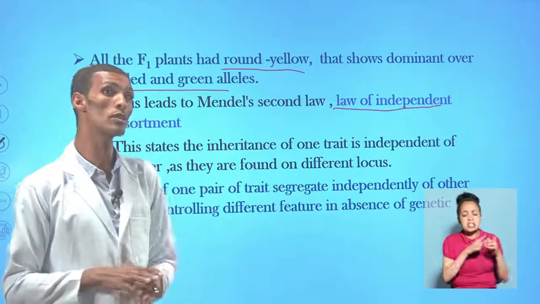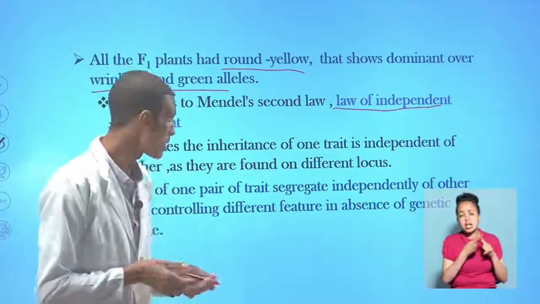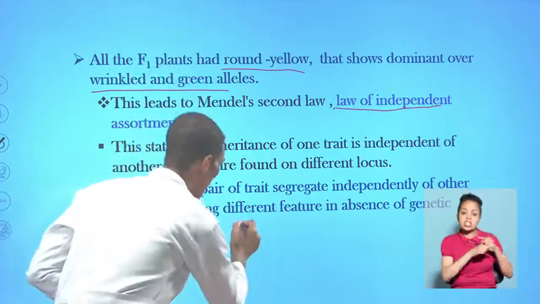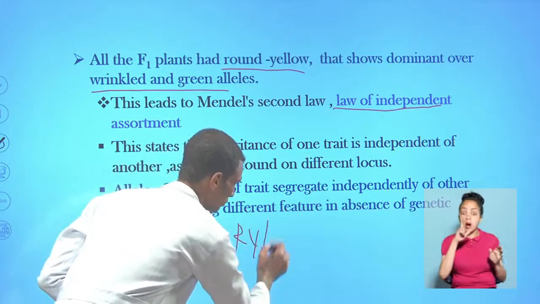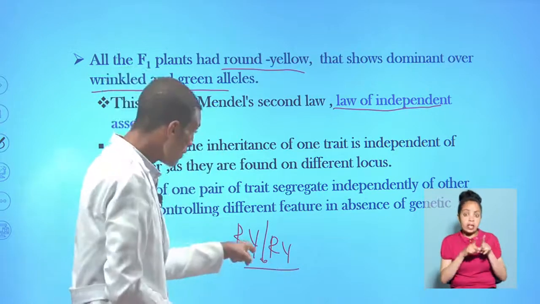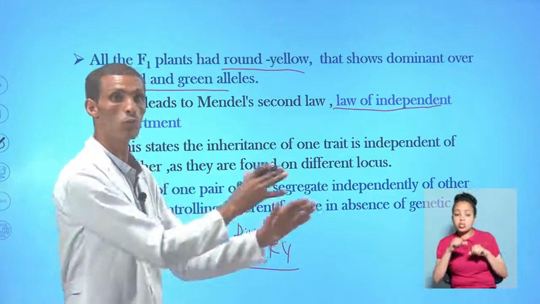This independent assortment of genes, according to the second law of Mendel, holds only in the absence of genetic linkage. For example, R may be linked in this manner. In the absence of linkage, genes assort independently. If linked together, they cannot be assorted independently. They move together.